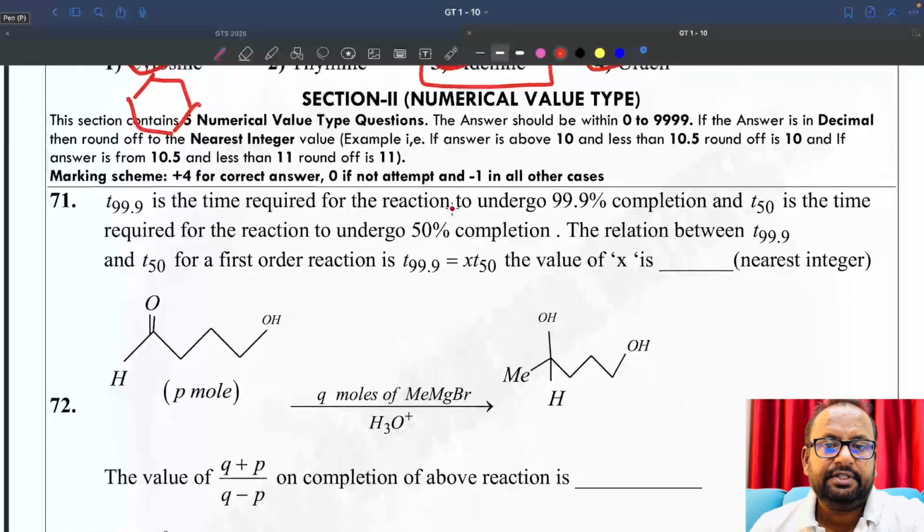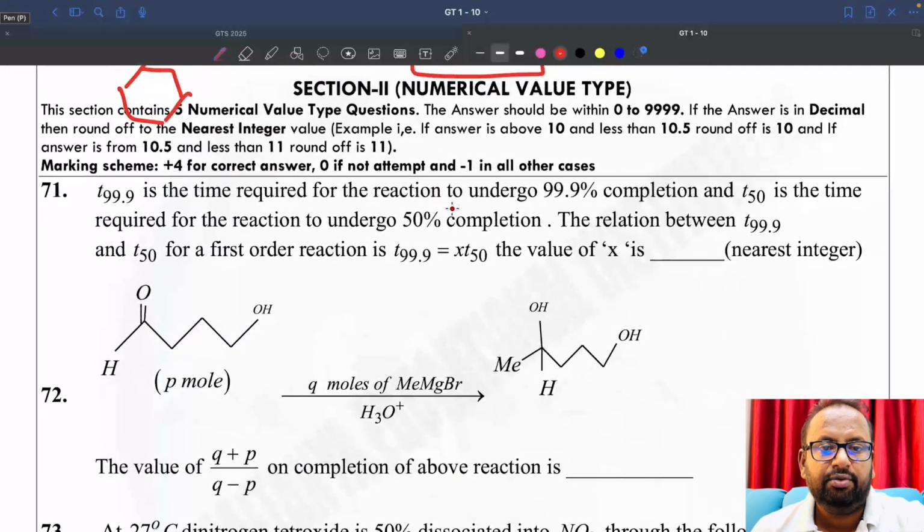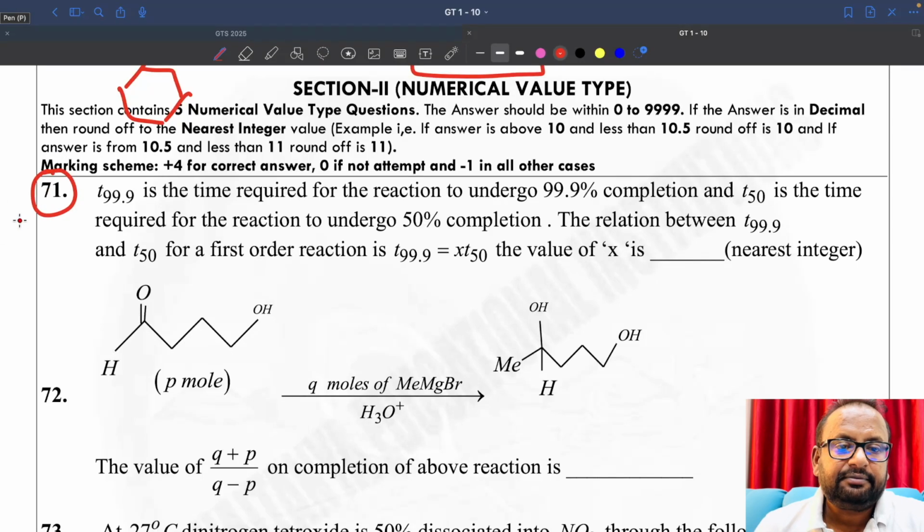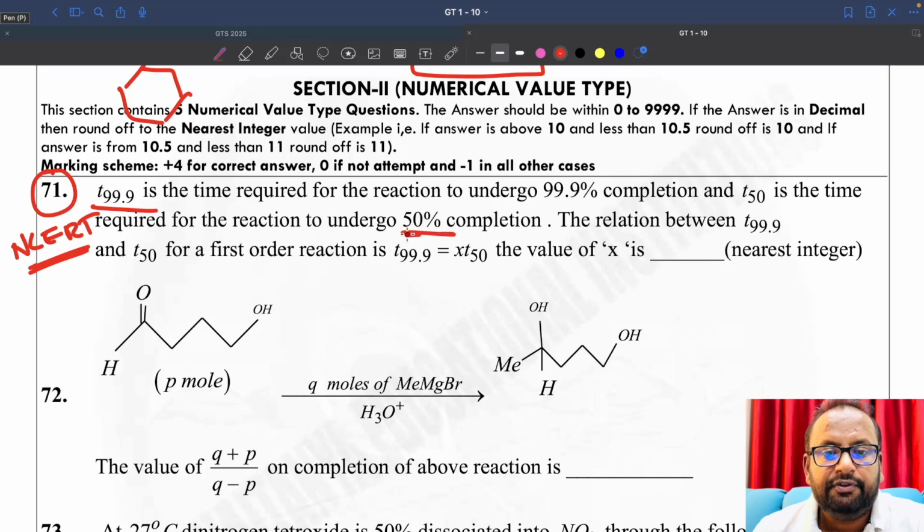Yeah, we'll go to Section B. It's numerical type questions. So 71, an NCERT solved example. We have to compare the T99.9 with the T50%. It's easy.